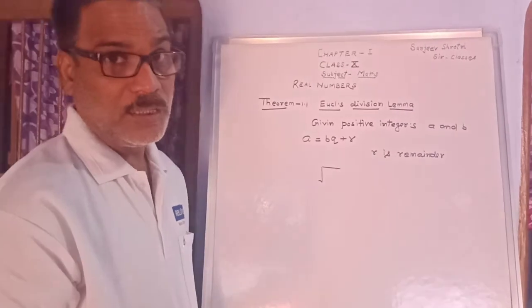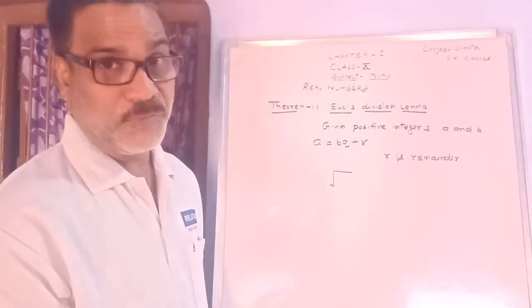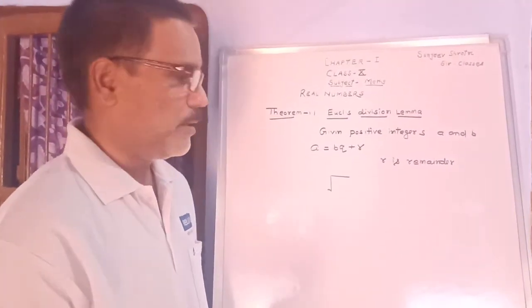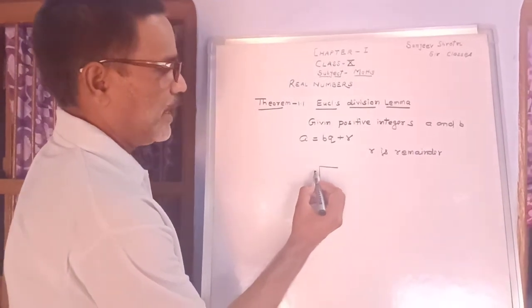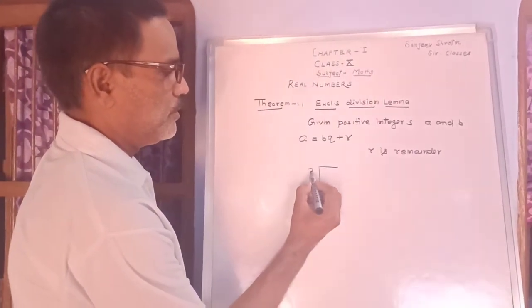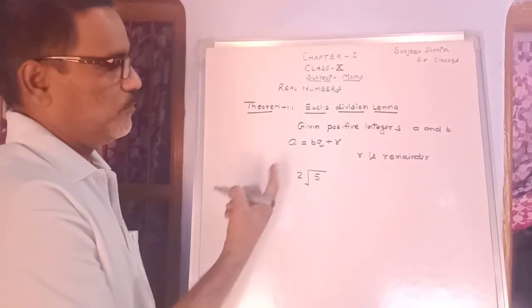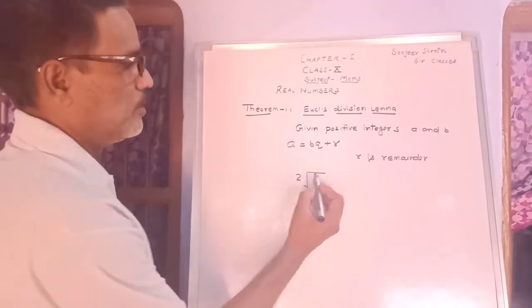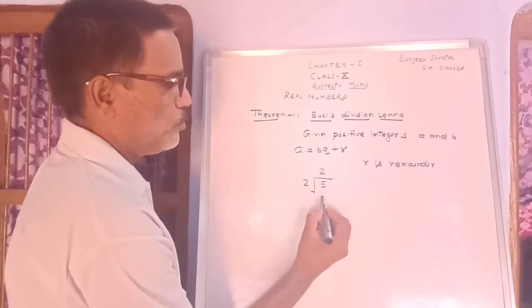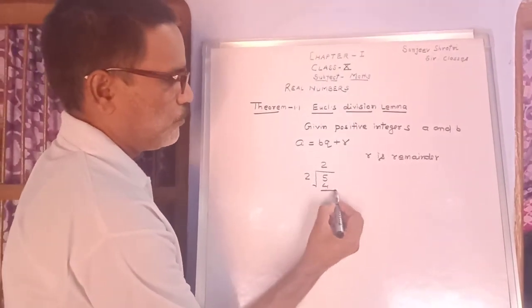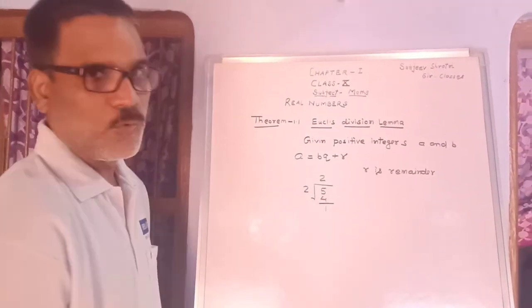If the given number is not perfectly divisible by the given number, we write this. For example, 5 is divided by 2. When we divide 5 by 2, the quotient is 2 and the remainder is 1.